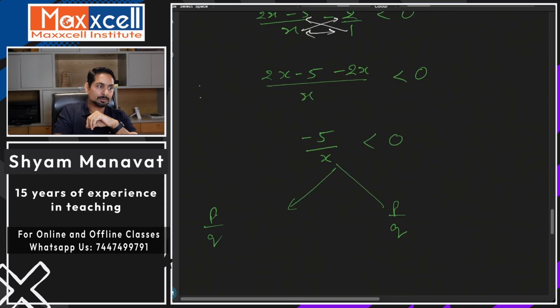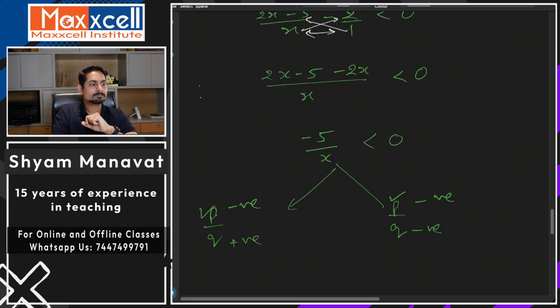Because here the numerator is already a constant value, minus 5. Only the denominator is variable. So you can only say denominator is positive or denominator is negative. Numerator is constant, right? Minus 5, which is a negative value. So here this will be negative in both cases.